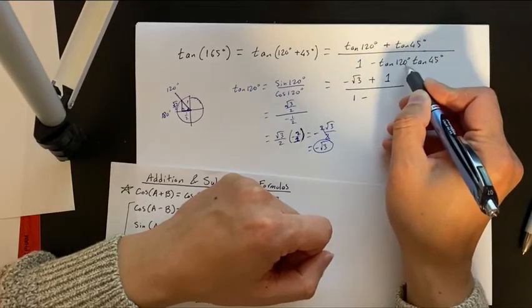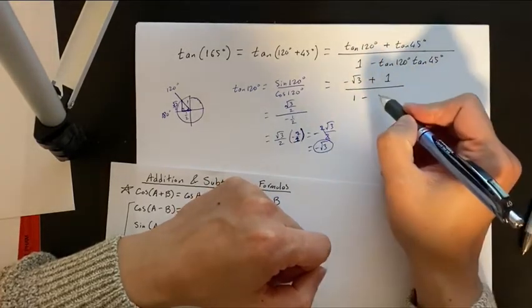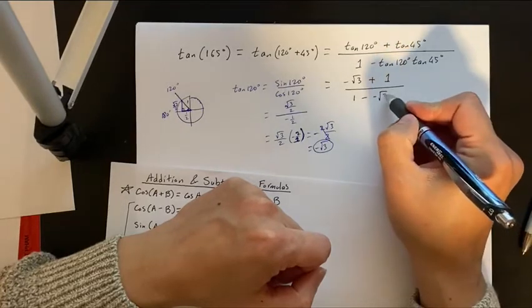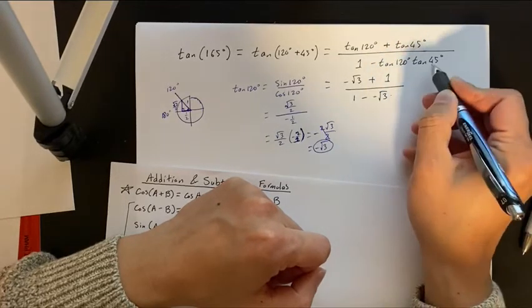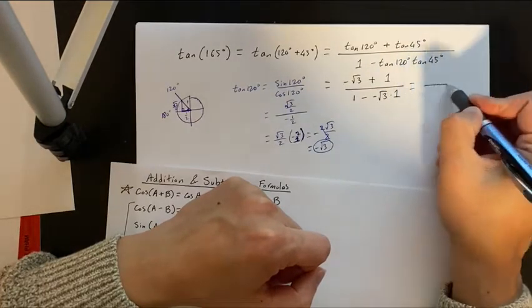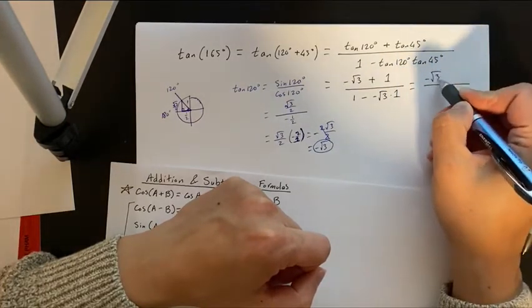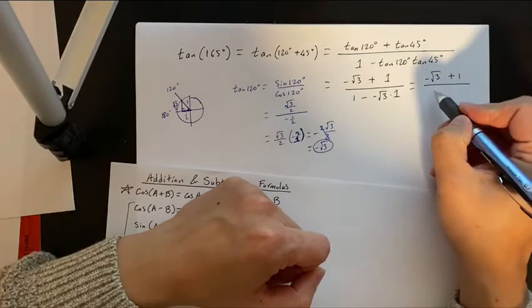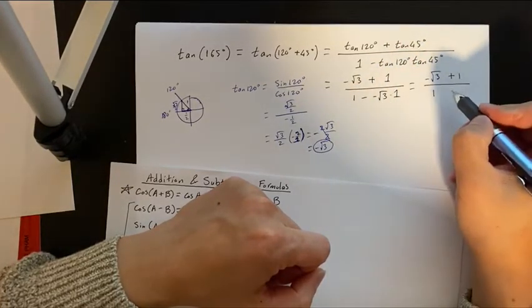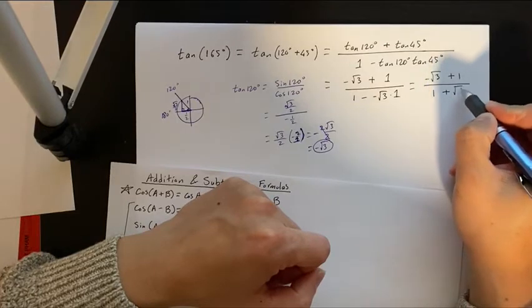And this is tangent of 120, which is negative root 3. And you multiply by tangent of 45, which is a 1. And so the top is negative root 3 plus 1, and the bottom is 1 minus, so it's actually a plus root 3.